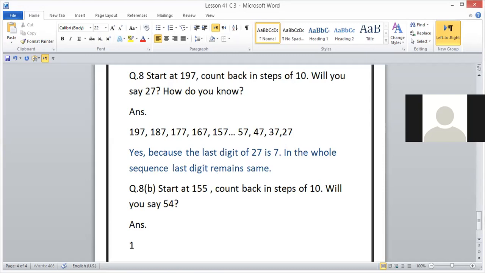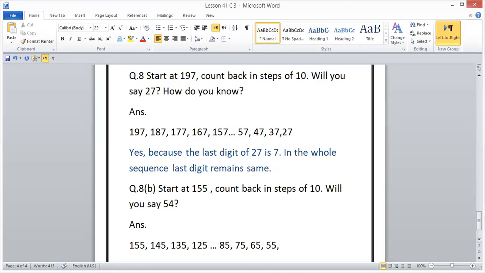All right, guys. So I'm going to write the pattern. The pattern will be here: 155, 145, 135, 125, and then dot, dot, dot. And I can start from 85, 75, 65, 55.